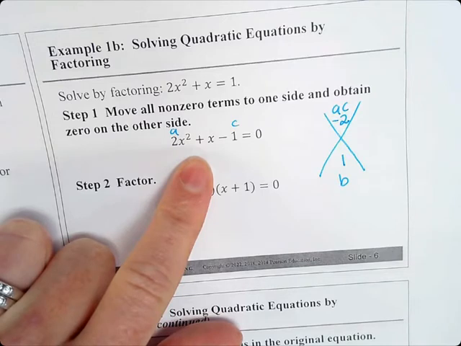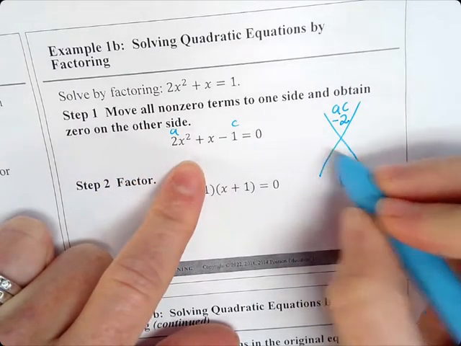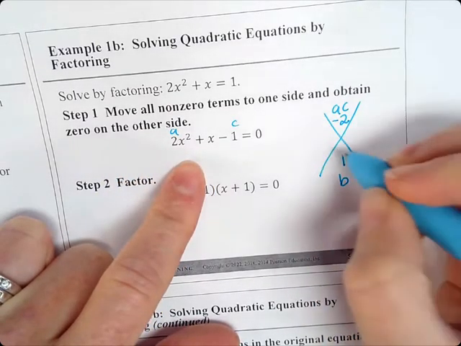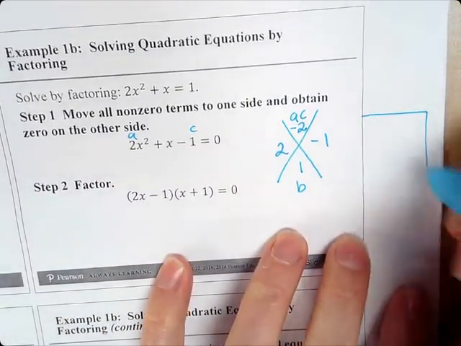So it gives a product of -2 and a sum of 1. So that would be what? +2 and -1. Okay, so then we would do our box method.